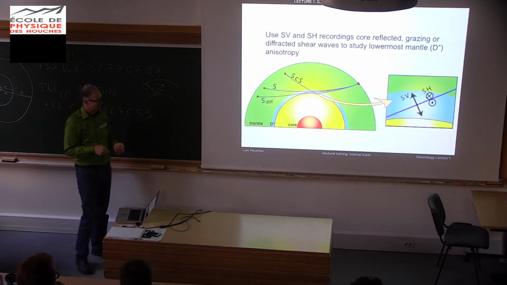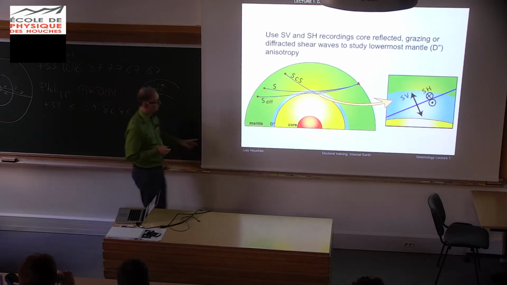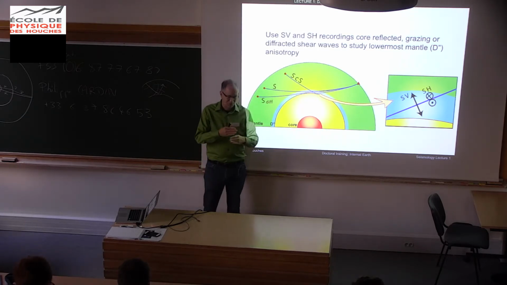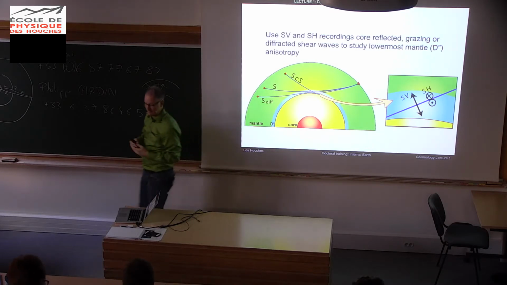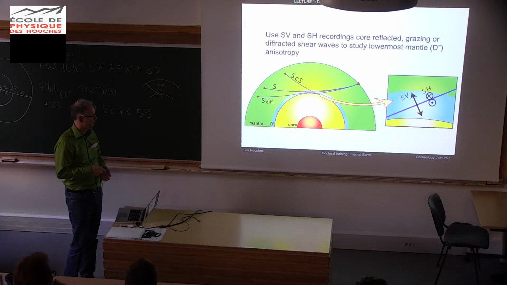So my wave speeds can depend on the direction of propagation. So these are used, sometimes with complicated assumptions, to demonstrate that the base of the mantle has propagation direction dependence. So, anisotropy. It's fun, it's really hard.